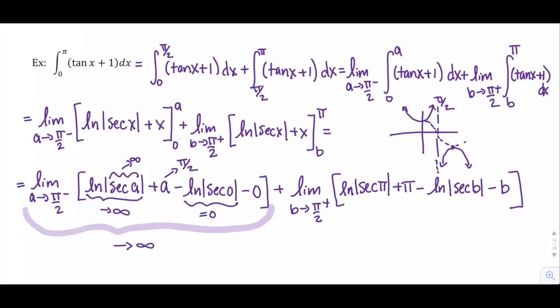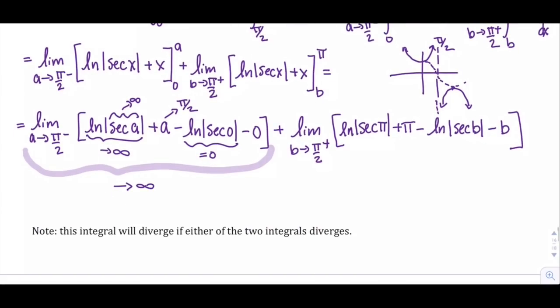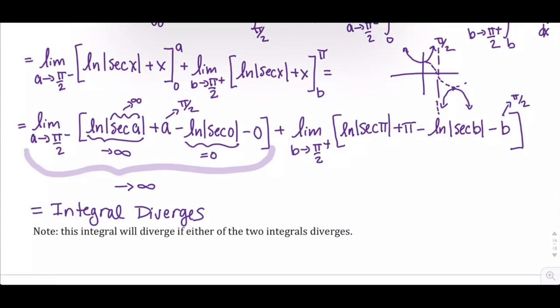If you look at the note underneath this problem, what you'll see is that it says the integral will diverge if either of the two integrals diverges. We've already determined that this first integral diverges, so at this point we can stop the problem and say, we're done, the integral diverges. But if you would like to, we could also look at the second integral and see what happens there.